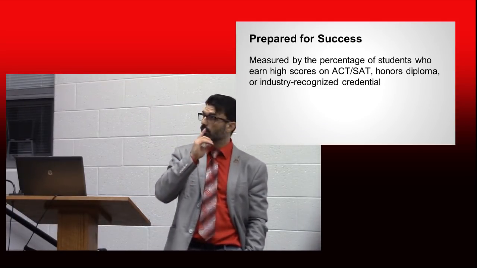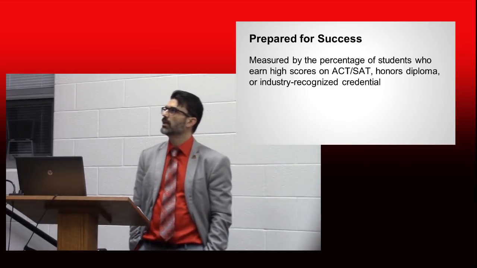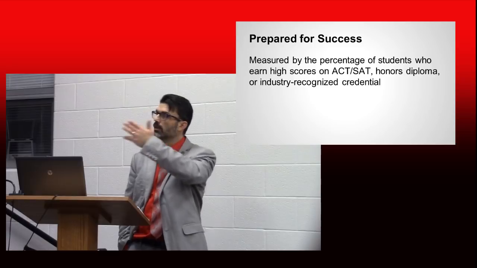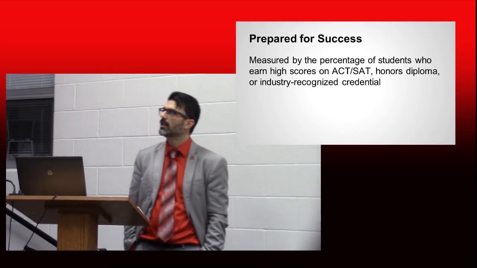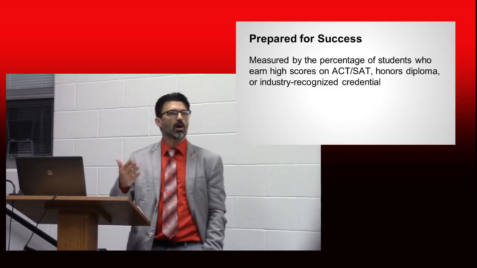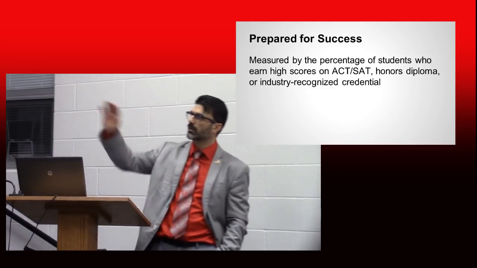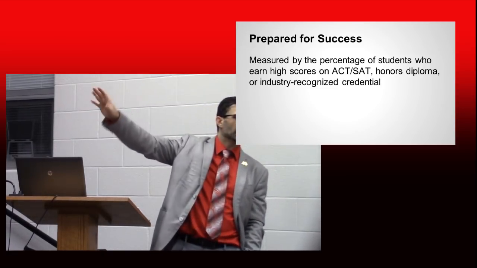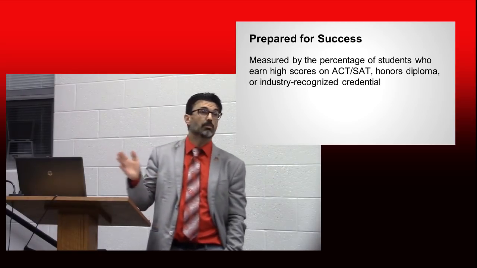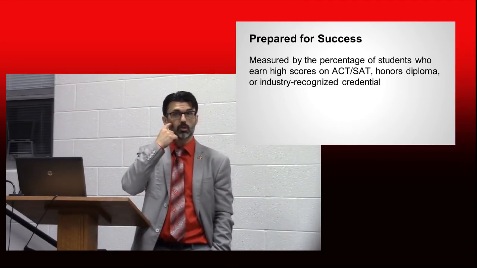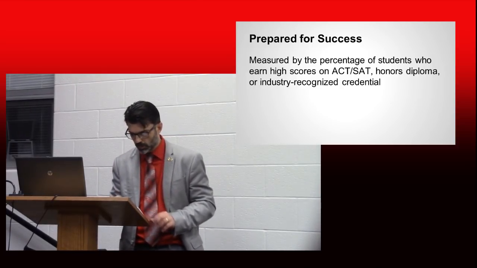The final input on the report card is something called Prepared for Success. It's the percentage of kids who earn remediation-free scores on the ACT or SAT, earn an honors diploma, or earn an industry-recognized credential. I'll just tell you what's up there. So we had 17.2% of our kids who achieved those criteria.